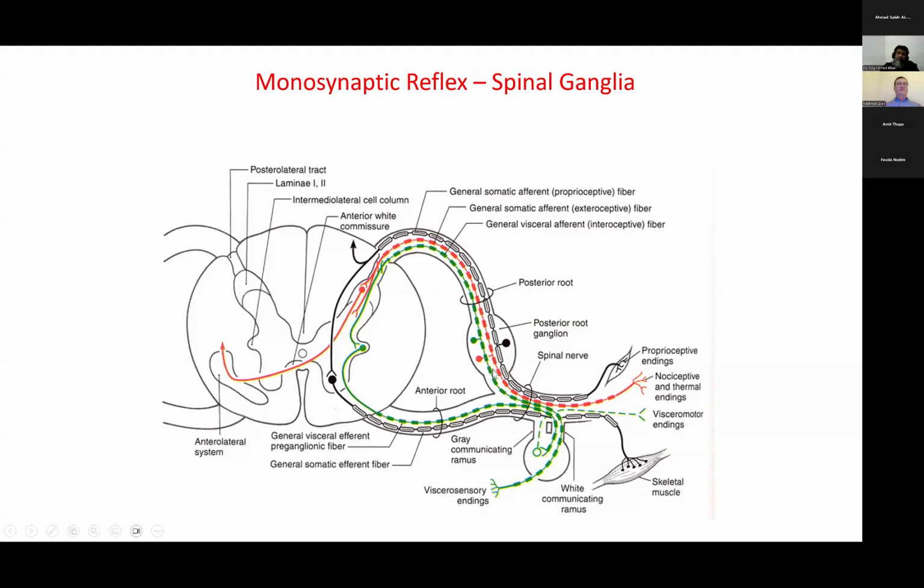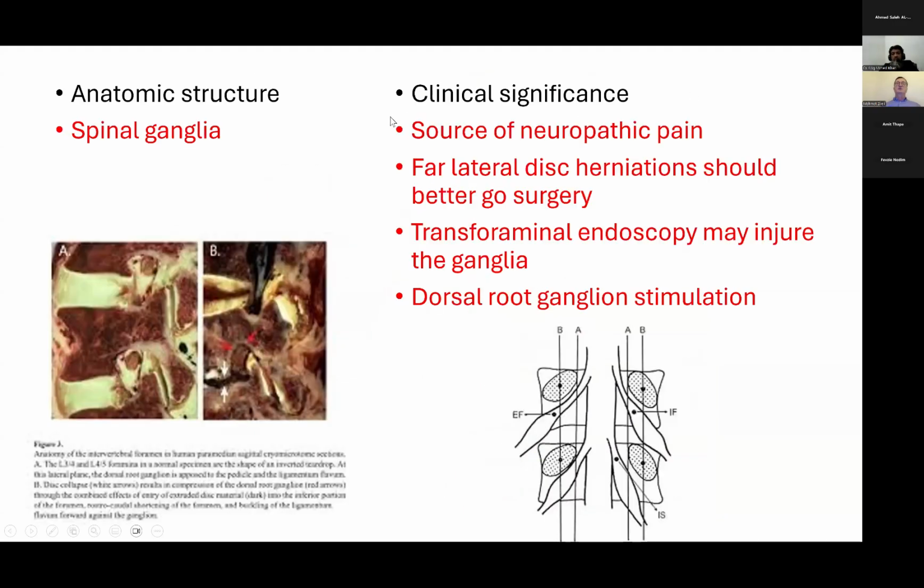The spinal ganglion's clinical significance is great because it is a source of neuropathic pain. Paracentral disc herniations squeeze the spinal ganglion, and they must go to surgery earlier than the other disc herniations.